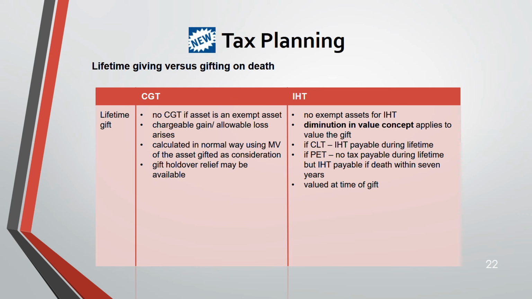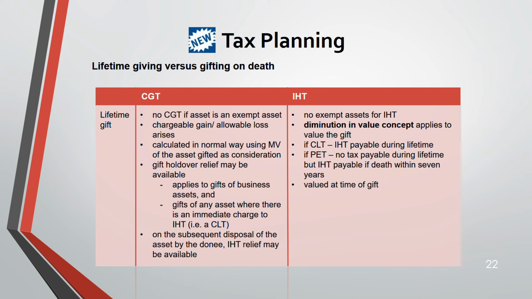For CGT, we have gift holdover relief. All this we have covered when I finished CGT. Gift holdover relief is available for CGT, for example, if you are gifting a business asset, or a gift of any asset where there is an immediate charge to IHT, that is, a chargeable lifetime transfer.